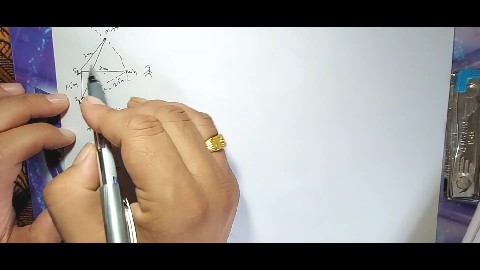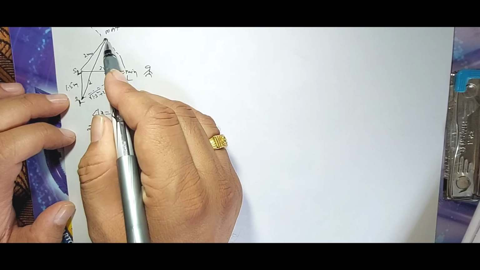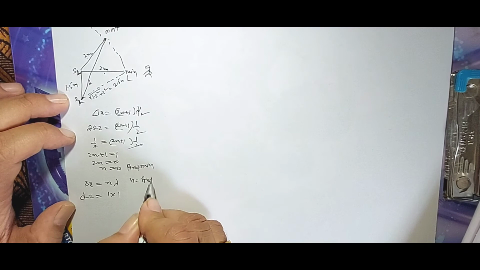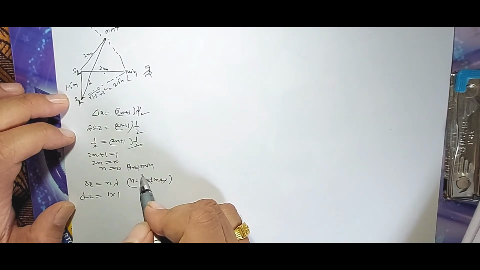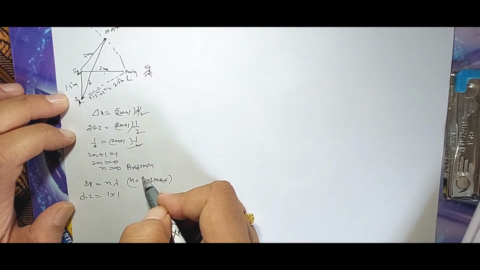So, delta x means here this is 2 meters and the distance of the person from S1 is d. So, d minus 2 is equal to 1 into 1, n being the first maximum. How can you say? He listens here to the first minimum sound, n equal to 0 means first minimum sound.